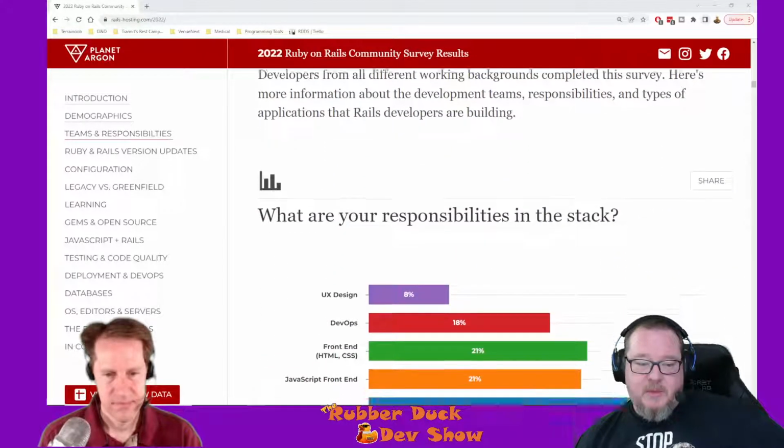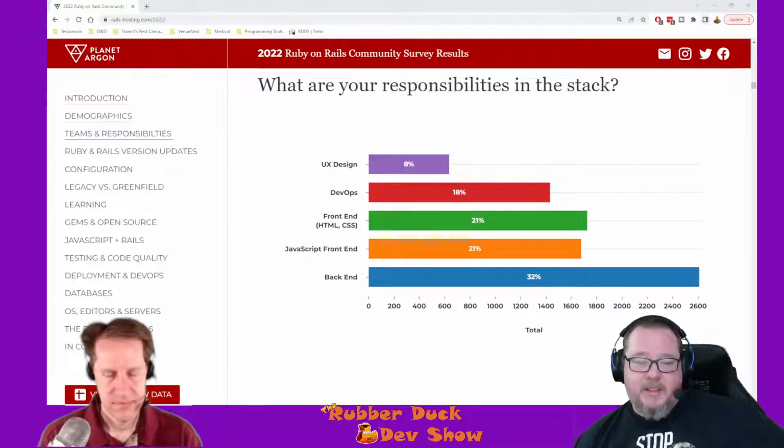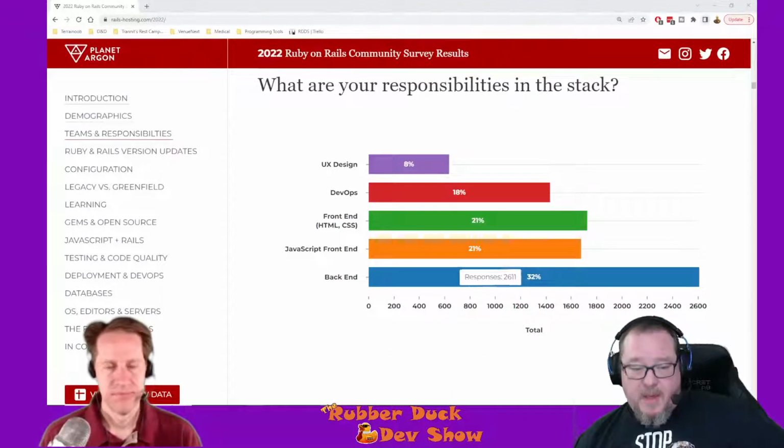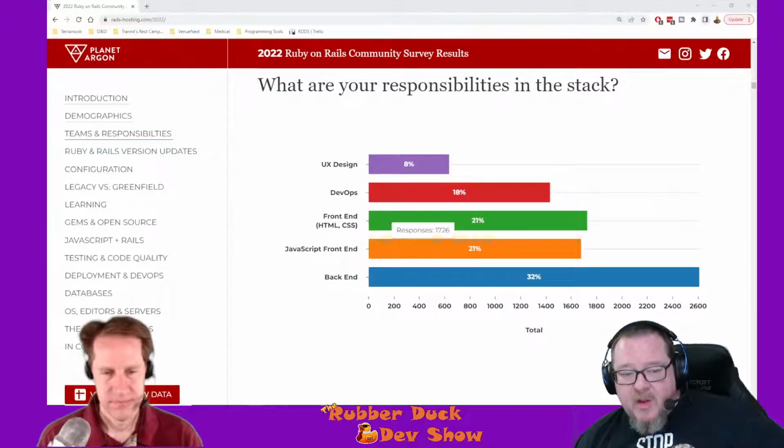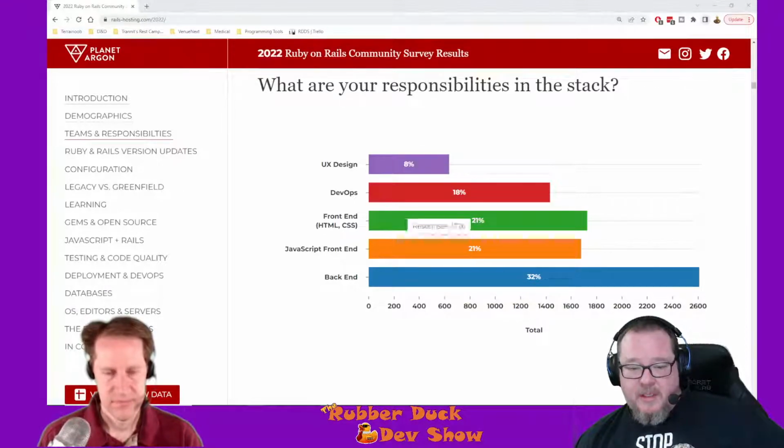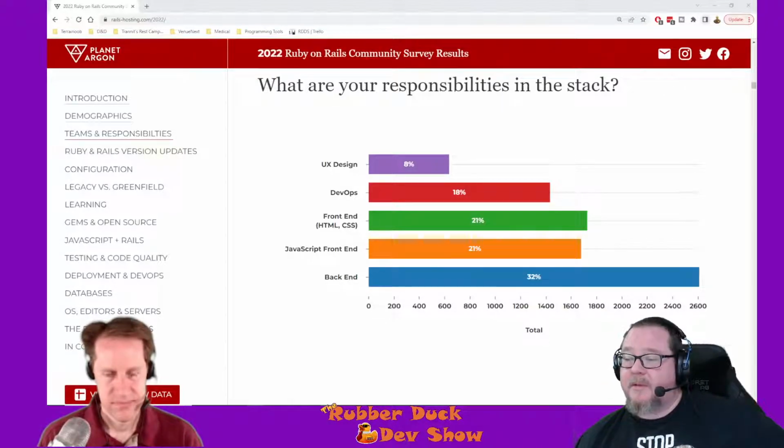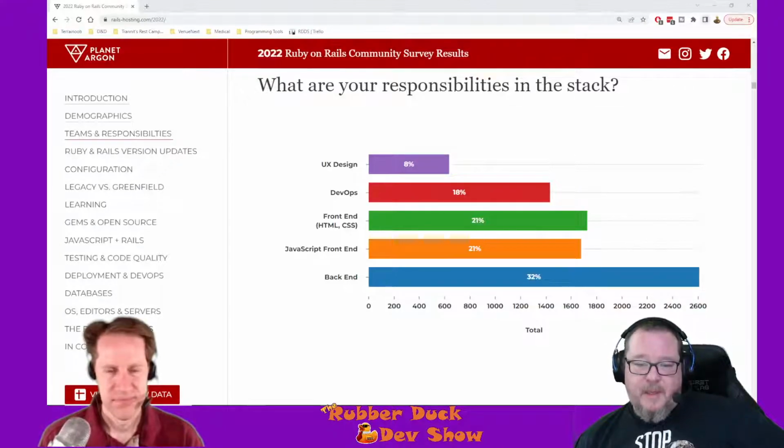All right, so let's see. Teams and responsibilities. What are your responsibilities in the stack? I have been responsible for all of these areas at some point, but most of my career is back end development. That's my sweet spot too, but I spend a lot of time in DevOps, of course. And I do what I unfortunately have to with the front end.